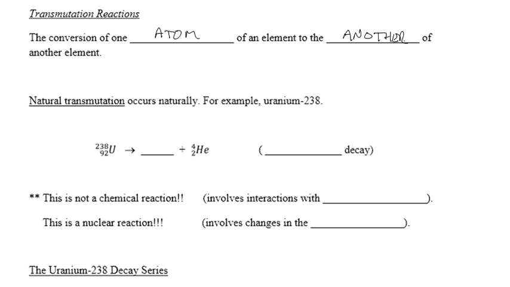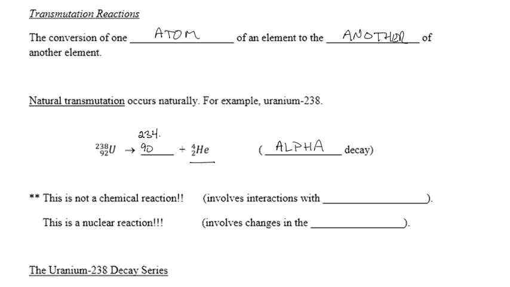One type of transmutation is called natural transmutation. Just like it says, it occurs naturally. For example, uranium-238 will decay by alpha, which we can recognize from this symbol. So the other reactant is going to have a top number of 234 and a bottom number of 90.